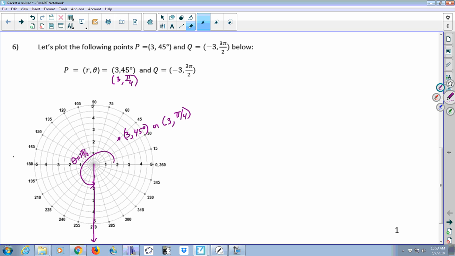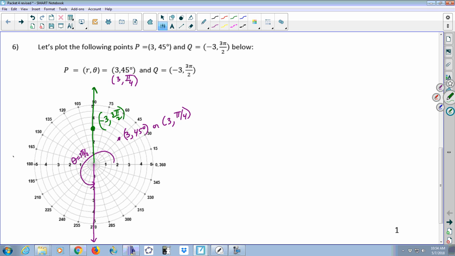So for -3, you first find it as if it's positive, you'd be right there, and then you draw a new ray opposite this ray, and you go up to 3. So that is (-3, 3 pi over 2). You can see that if you take the absolute value of -3, you're still 3 units from the pole.